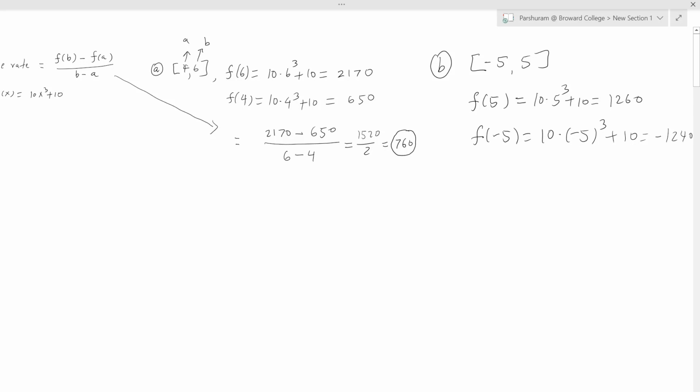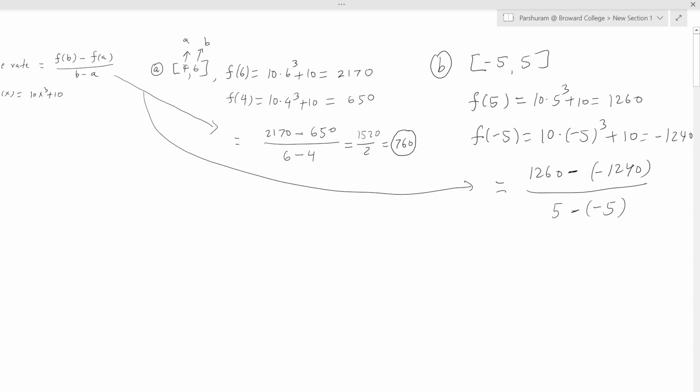And by using the same formula again, 1260 minus f of a, which is -1240, divided by b, which is 5 minus a, which is -5.